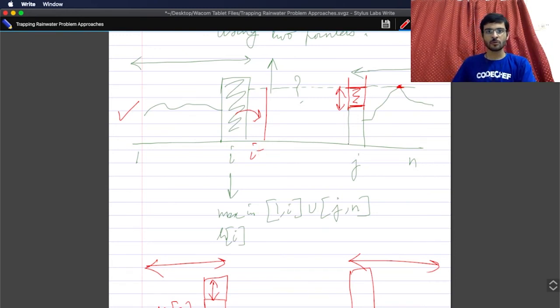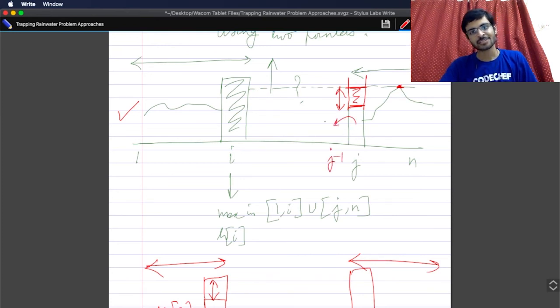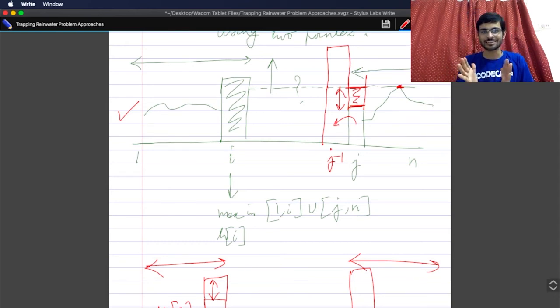But if we move j to j minus 1, there are two possibilities. If you find some very big element, then you can say that this is the greatest element seen till now. If this element is smaller than h[i], you can say that h[i] is the greatest element I have seen till now. If it is greater than h[i], then j minus 1 is the greatest element seen till now.